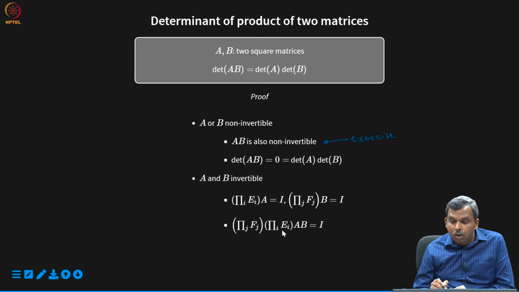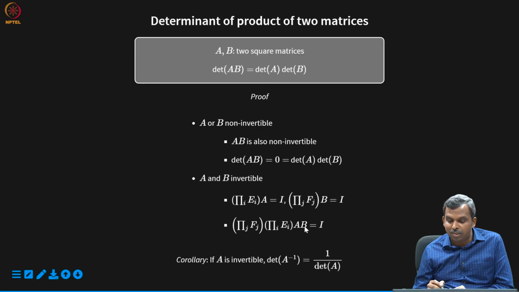If I take the operation sequence for A and then put the operation sequence for B to the left of it and look at this product with AB, I get I. E will first operate on A and you'll get I here, and then F will operate on B and you'll get I here. So this is like the inverse that you can do. So this is true when A and B are invertible.